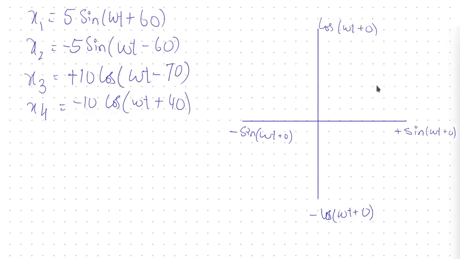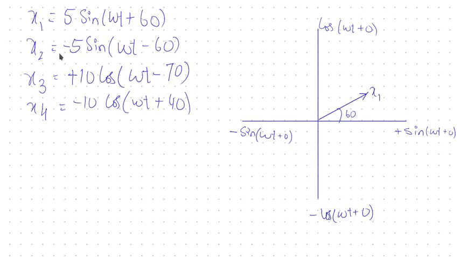From sine omega t you can draw a vector somewhat like this, at an angle of 60 degrees, and this is our x1.